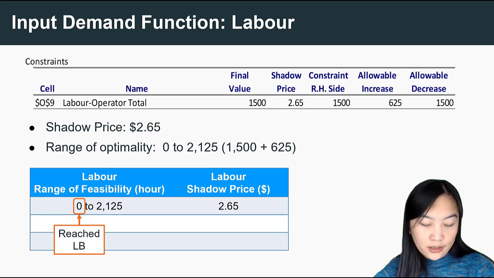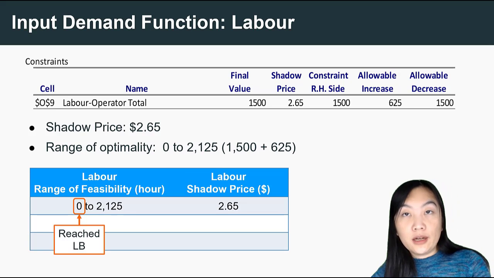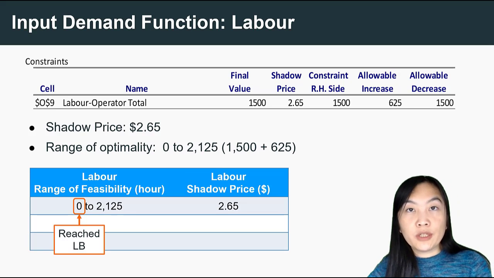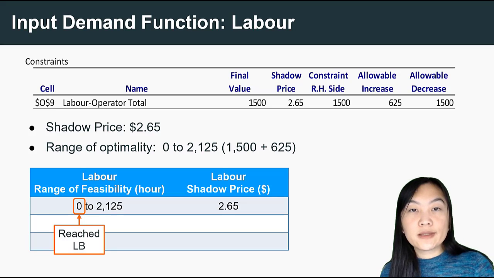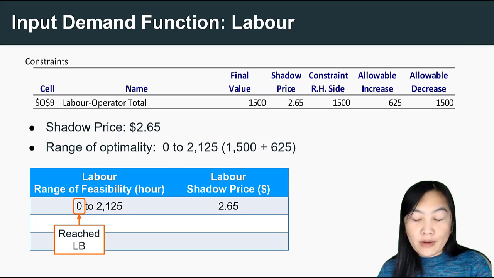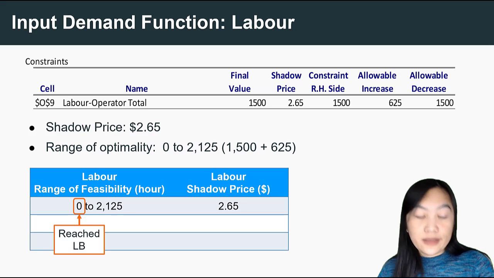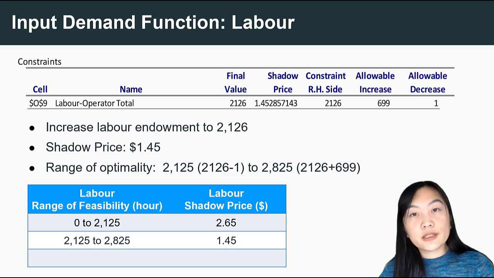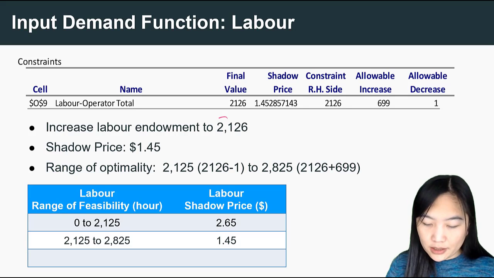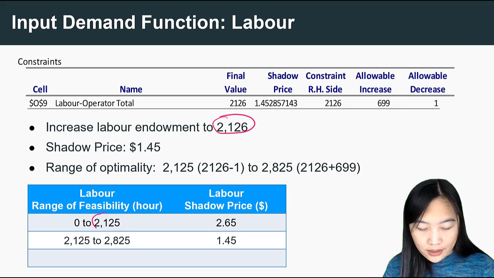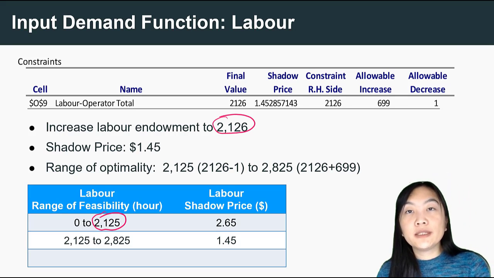So what we should do is increase the right-hand side value and see what the new shadow price is. Let's change it to a number that is slightly above this upper bound.